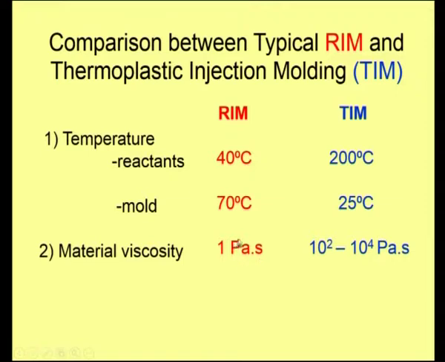Now, if you look into the viscosity of the material to be considered, 1 Pascal second will be the viscosity in reaction injection molding, because you normally take it in the form of a liquid resin, whereas in the conventional injection molding process it is around 100 to 1000, therefore more than 1000 times higher viscosity materials are used in the conventional injection molding process.